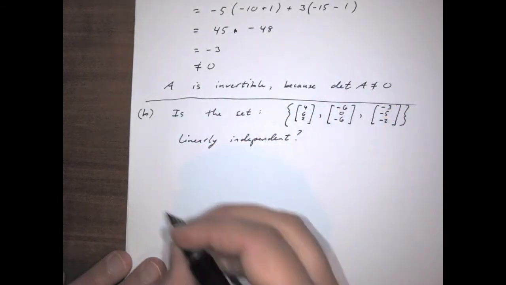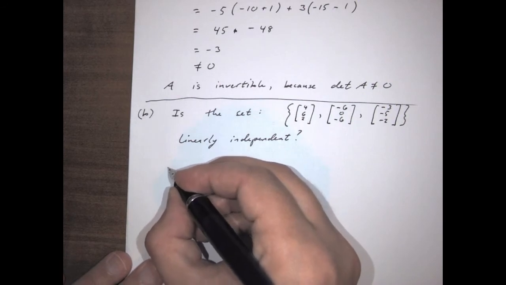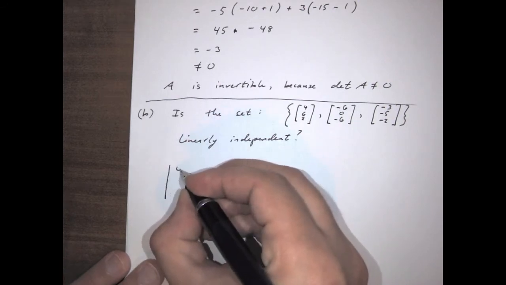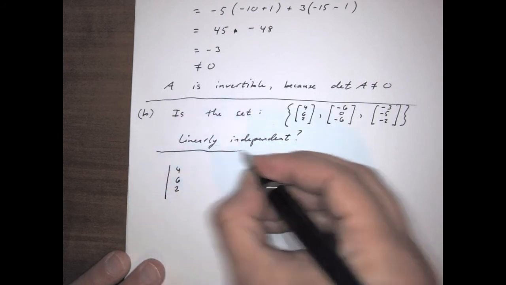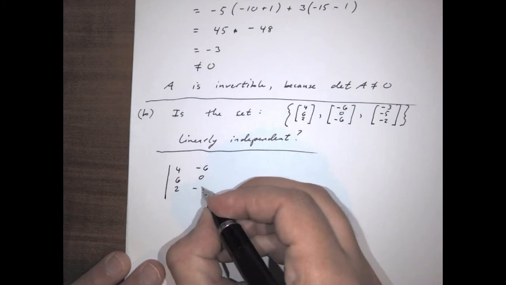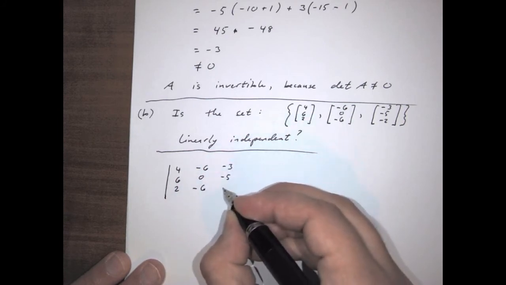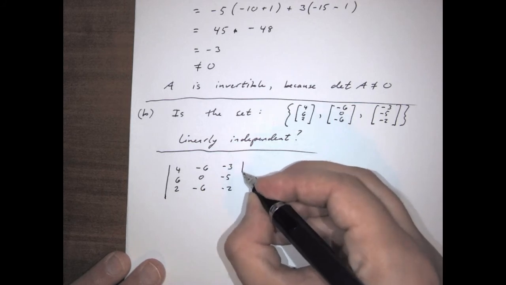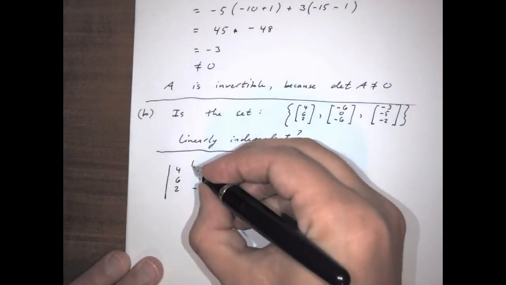Well, these could be the columns of a matrix, and then we can find the determinant of the matrix. So I'll just make a matrix out of them right now. 4, 6, 2. -6, 0, -6, -3, -5, -2. And we can expand however we want.